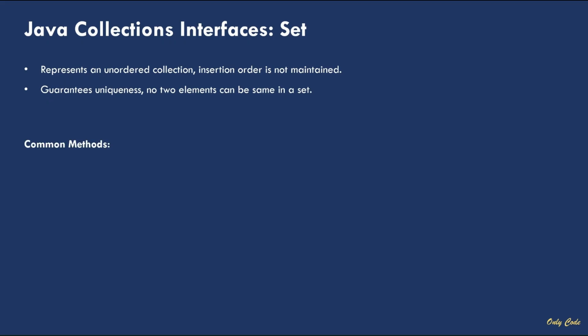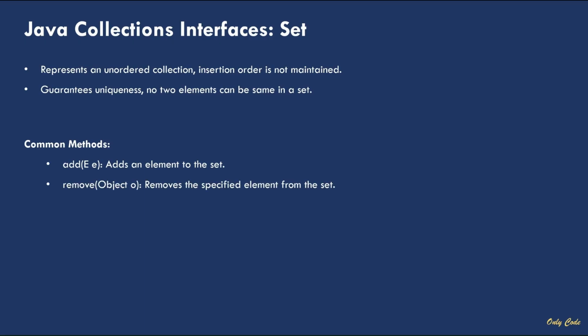Some common methods provided by the set interface are add, adds an element to the set. Remove, removes the specified element. Size, returns the number of elements in the set. Contains, checks if an element exists in the set.